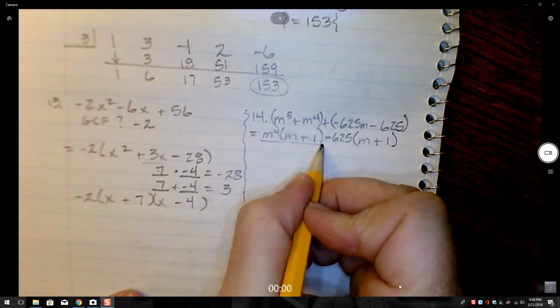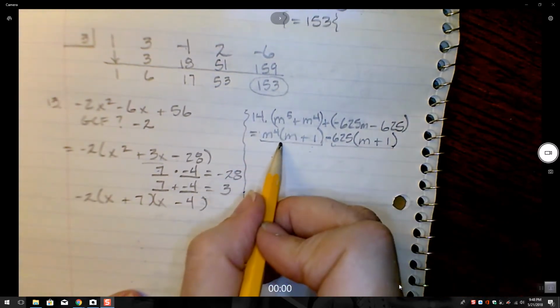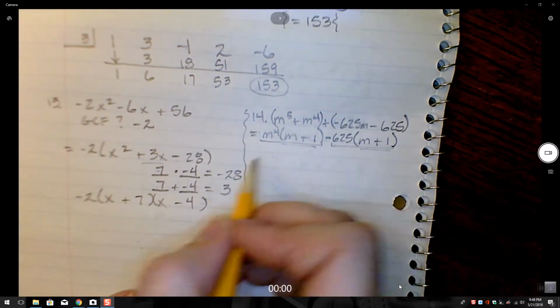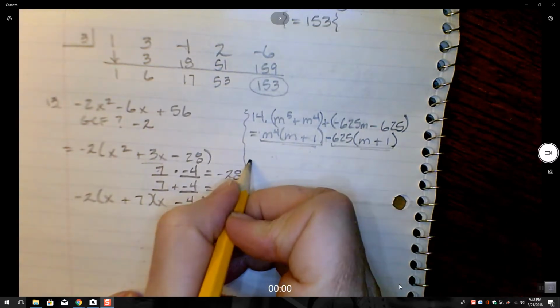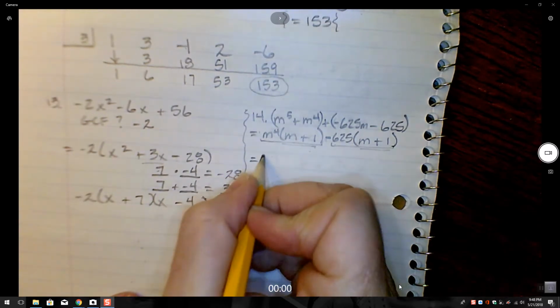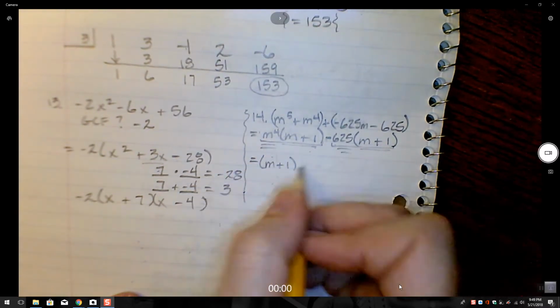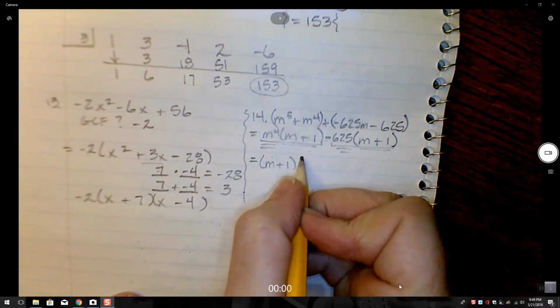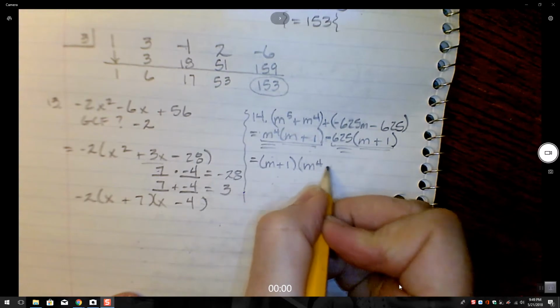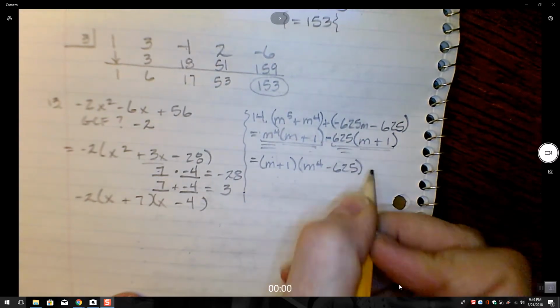Now I've got these two terms. The greatest common factor in them both is that binomial, so I'll pull it out, and that leaves me with these two terms. So m to the 4th minus 625.